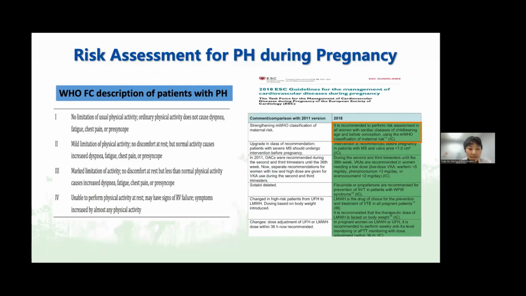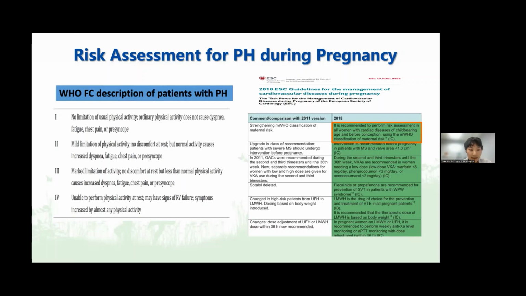Risk assessment is recommended in patients with PH and in all women with cardiac disease. The World Health Organization functional class is a helpful tool in guiding the prognosis of patients with PH, not only at the time of diagnosis, but also during follow-up.